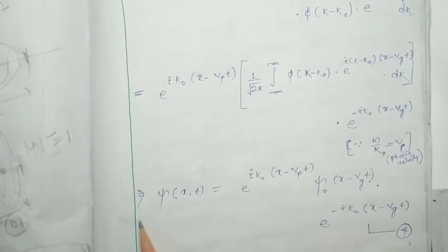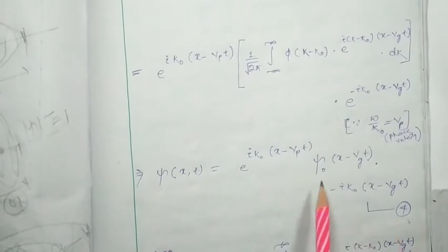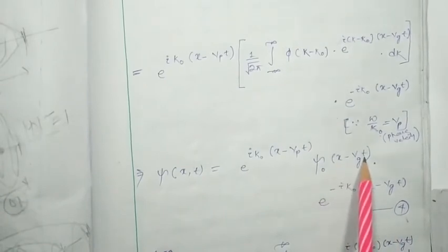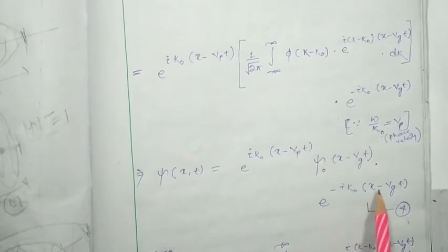So that implies psi(x,t) will be e to the power i k0 (x minus Vp t) psi0(x minus Vg t) into e to the power minus i k0 (x minus Vg t). Let this be equation number 4.